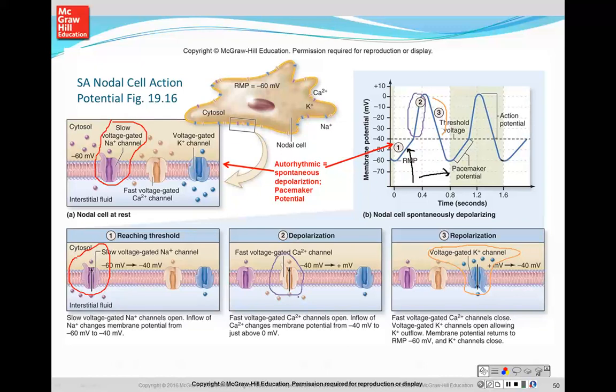And then we'll reach threshold, and we'll get a depolarization phase here in number 2, which will get fast calcium channels to open and calcium influx to occur, and that will depolarize me. You can see my numbers here. And then repolarization occurs, in which my potassium channels will open, potassium efflux will occur, and I'll get to somewhere around that pacemaker potential again, and I'll start the whole process over again.